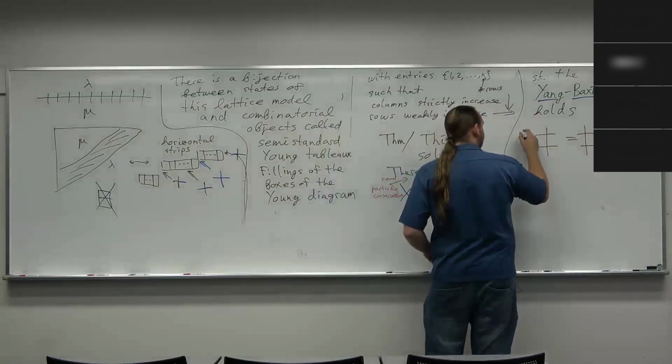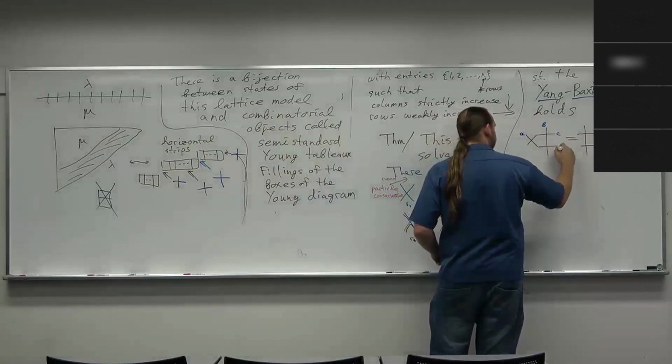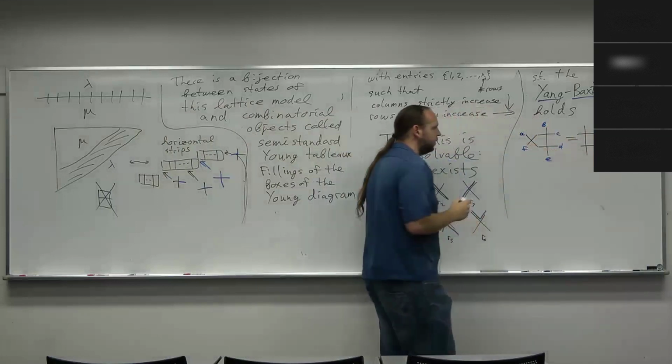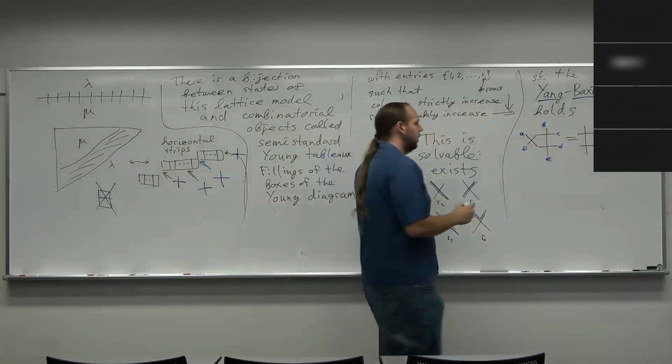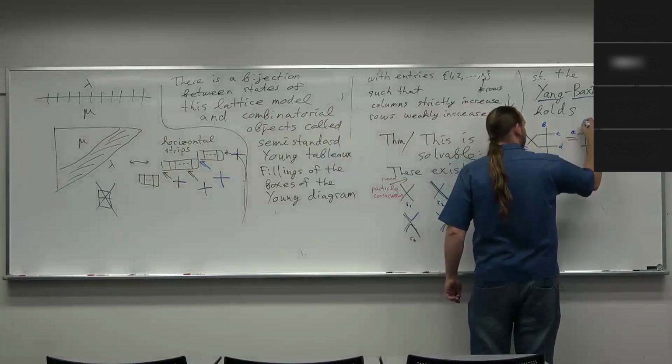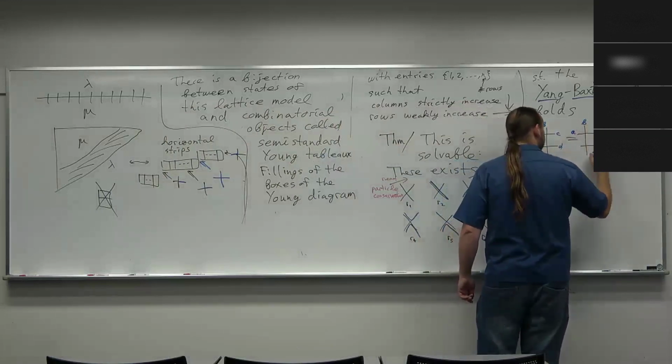So I have A, B, C, D, E, F. I have these boundary points, and then over here, I have these boundary points.